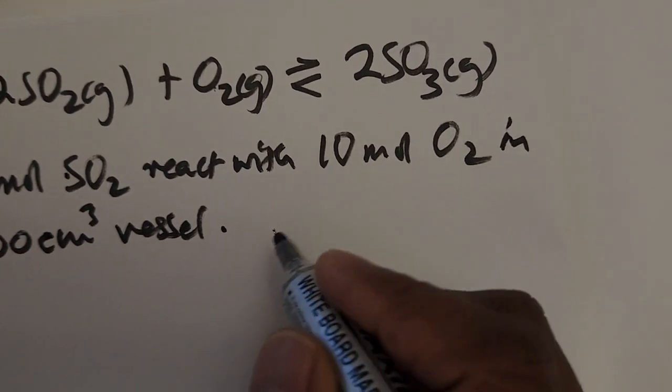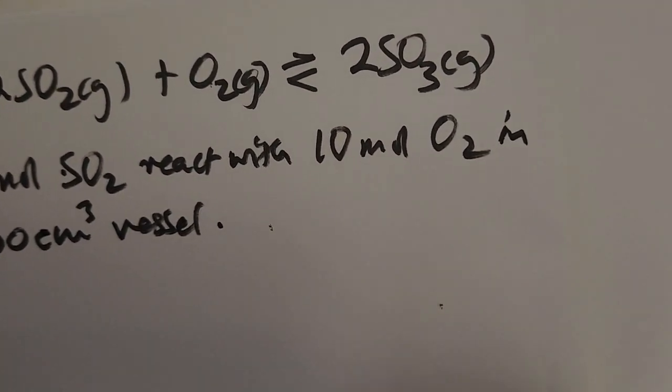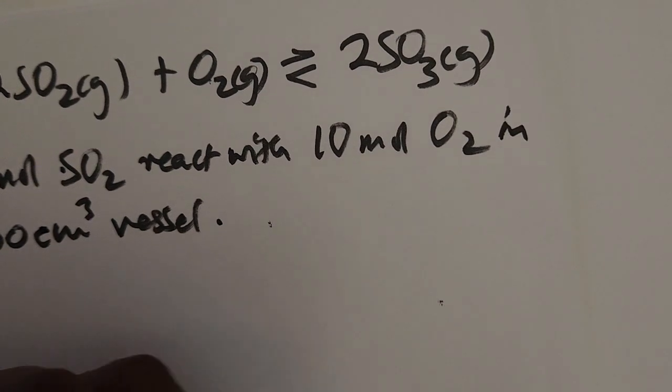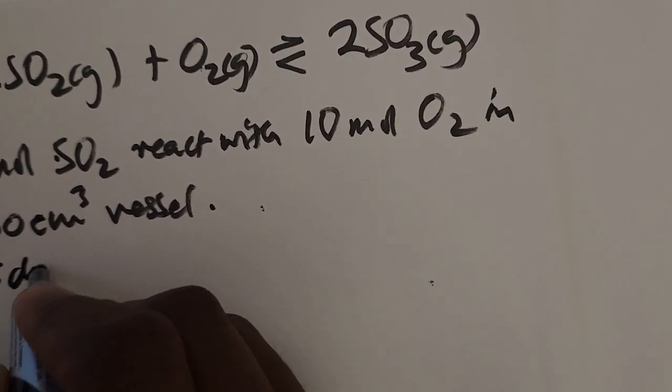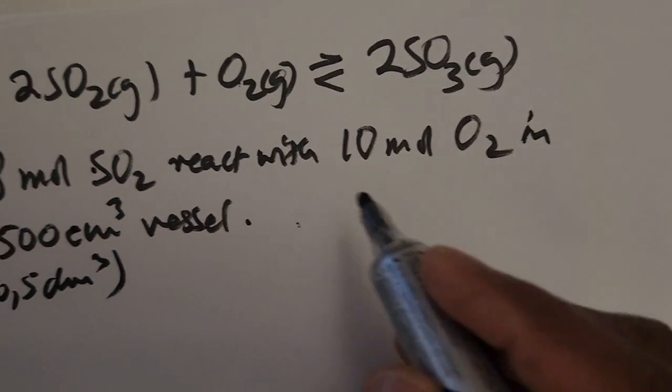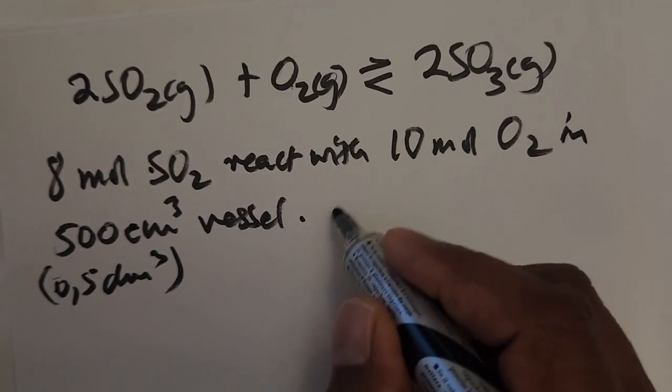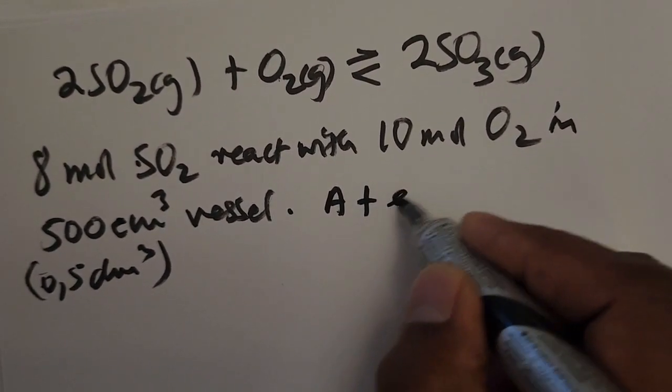Now remember that we are not dealing with the cubic centimeters, we are dealing with the decimeter cube. We must quickly convert this one to 0.5 dm cube.